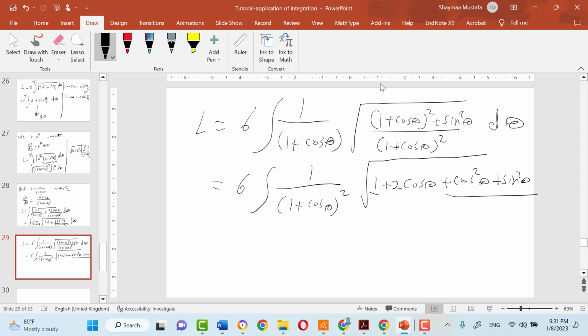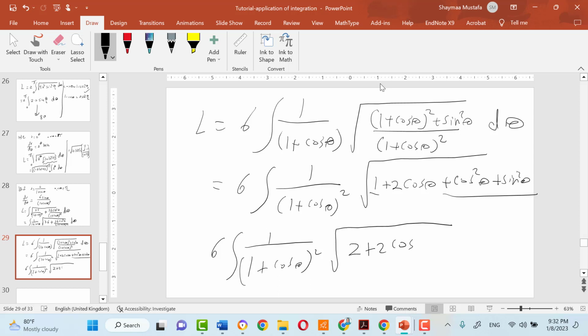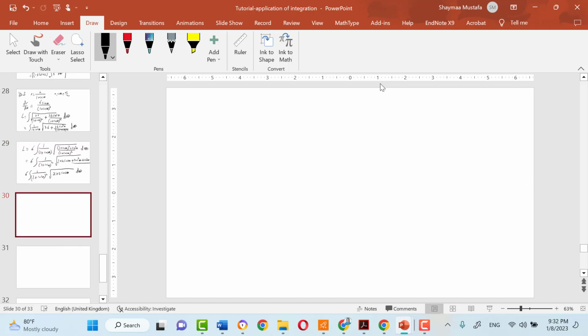This one and this one is 2, so it is 2 plus 2 cos theta d theta. So the length will be equal to 6 square root of 2, 1 over cosine theta to the power 3 over 2 d theta.